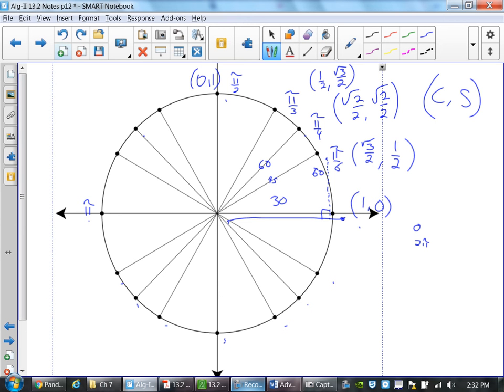Even on here, root 2 over root 2, 1. Cosine, if I do cosine of 90, I don't know which one is my adjacent. It's just 0. Same thing with sine, I don't know which one's my opposite.